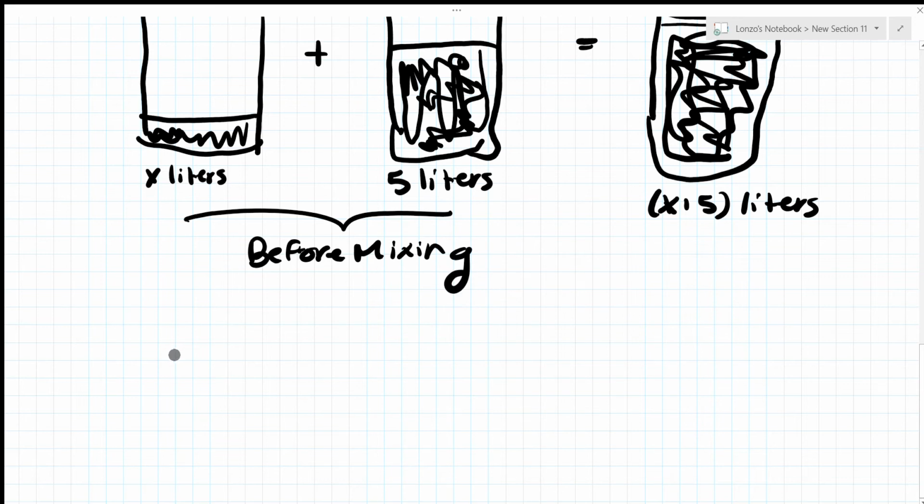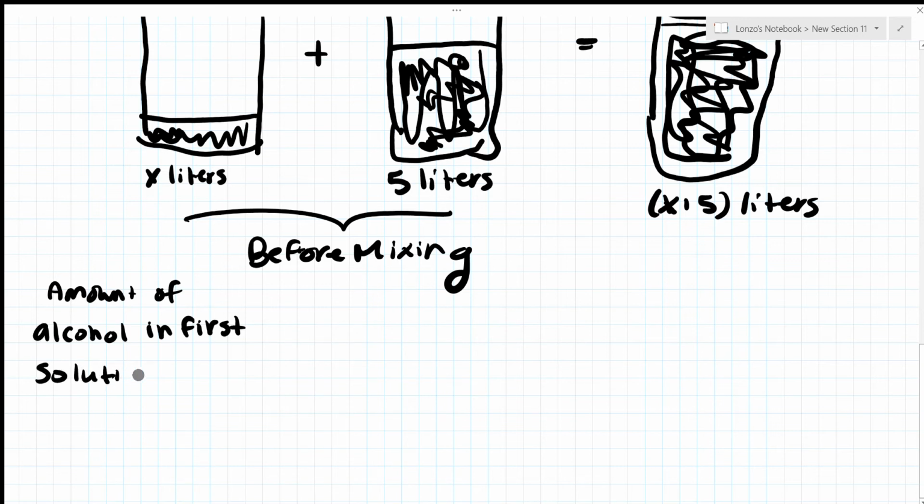So the amount of alcohol in the first solution is, what would that be? 0.8x, right?